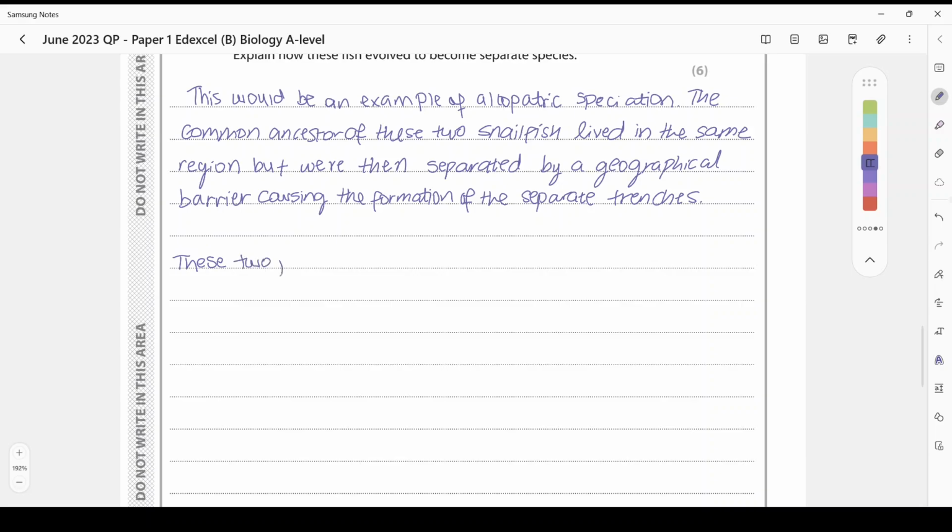These two populations would experience different selection pressures.